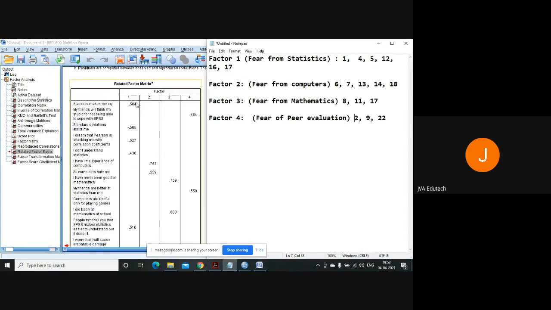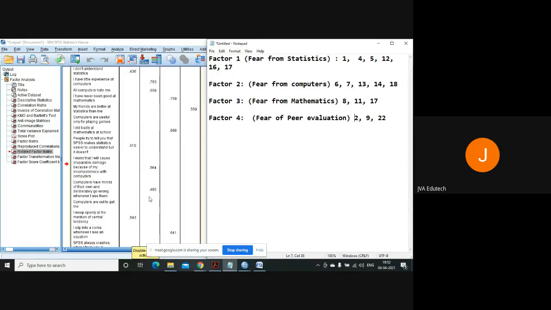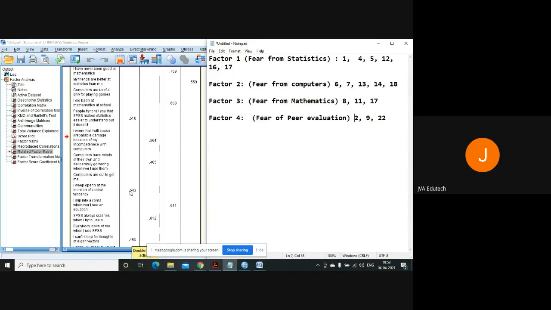So we have taken first, fourth, fifth, 12th, then 16th, 17th, 18th, 19th.